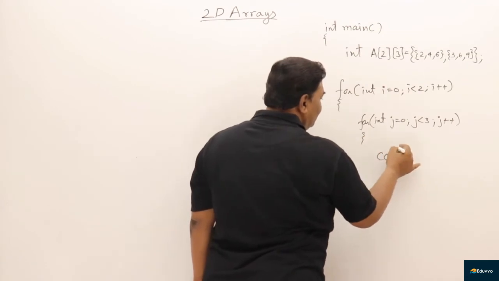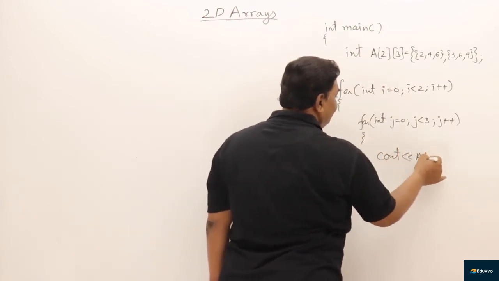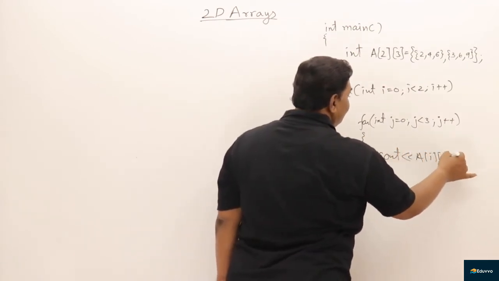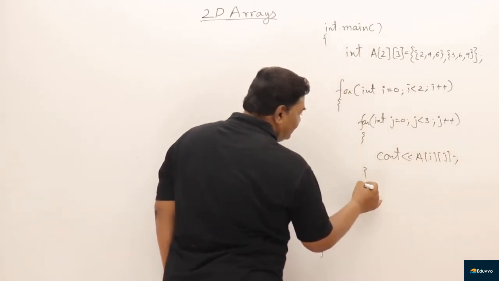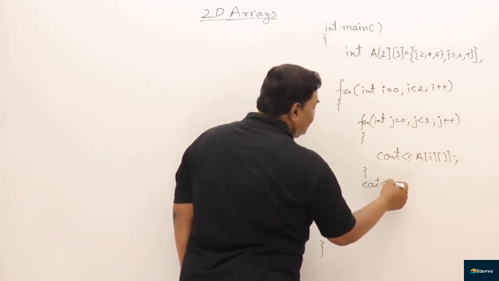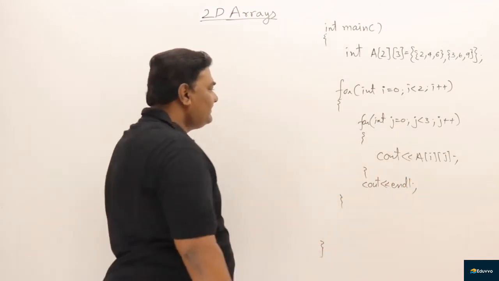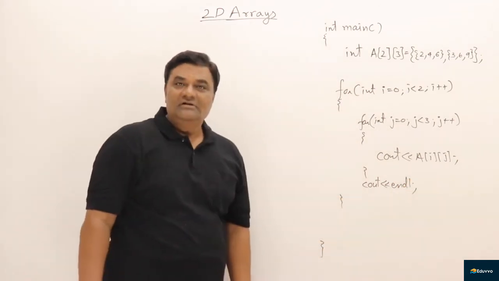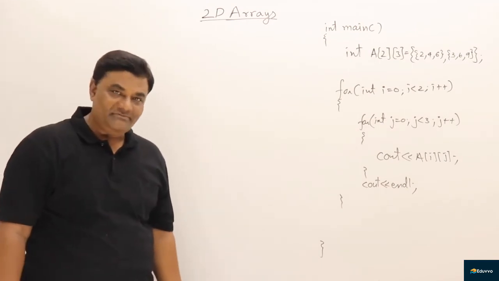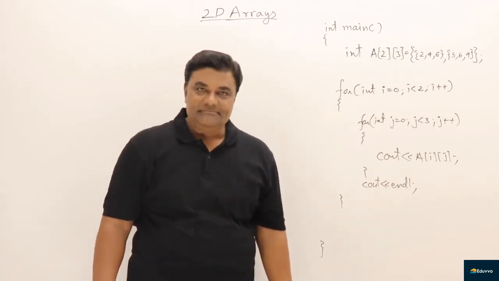Now cout, I will display all the elements one by one, A of i j. Then cout endl, we want a new line after every row. That's it. This is a piece of code for accessing all the elements of a two-dimensional array and displaying them.